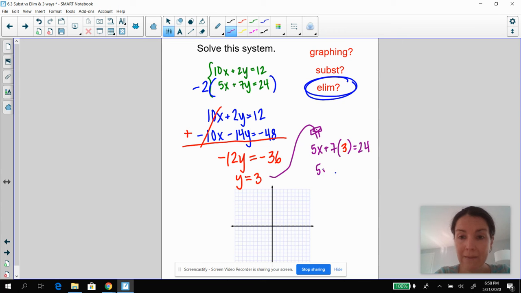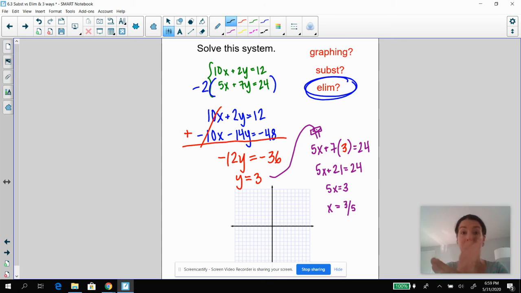So then 5x plus 21 equals 24. So then 5x equals 3 if you subtract 21 from both sides. So x equals 3/5. So my solution here, remember, the solution to a system of equations is where the two lines cross. So my solution would be 3/5, comma, 3.